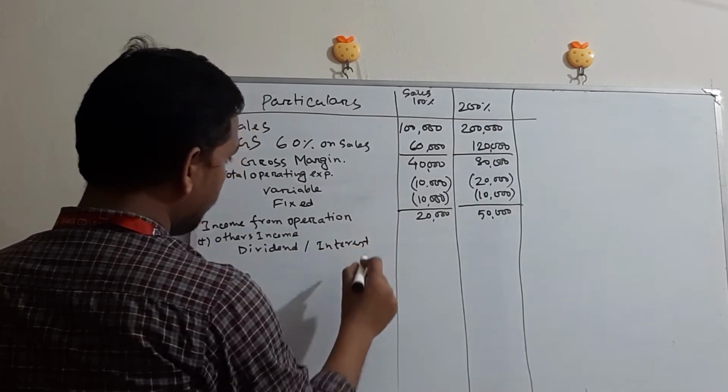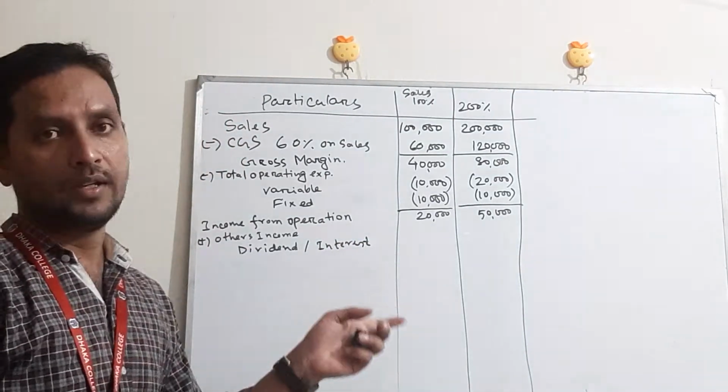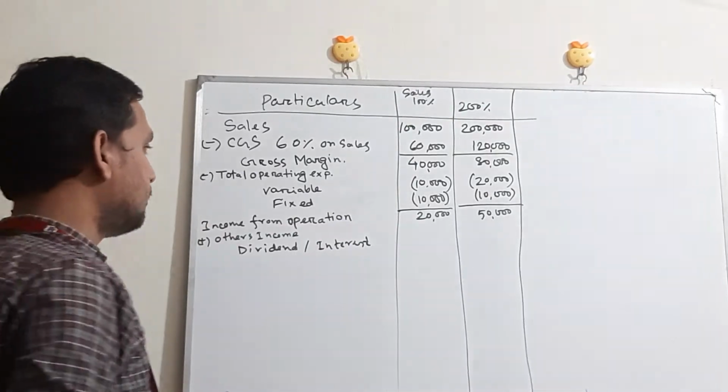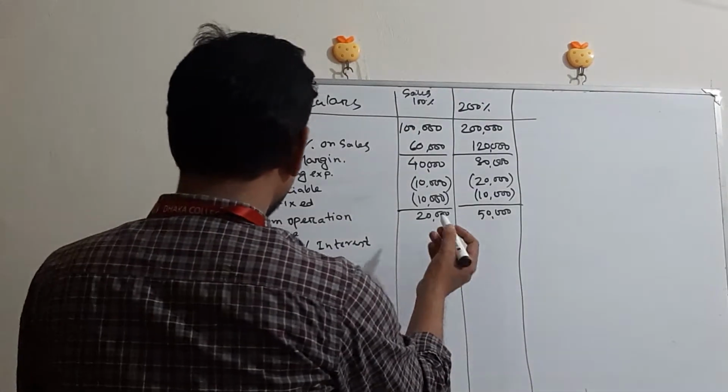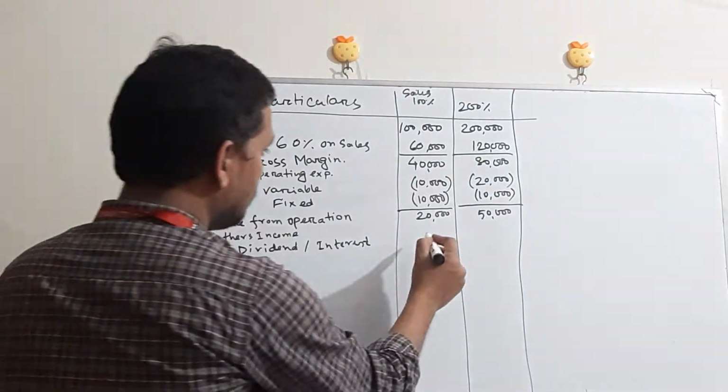If you have dividend or interest income, then it will be added. Okay, so there is no dividend or interest income, so 0.